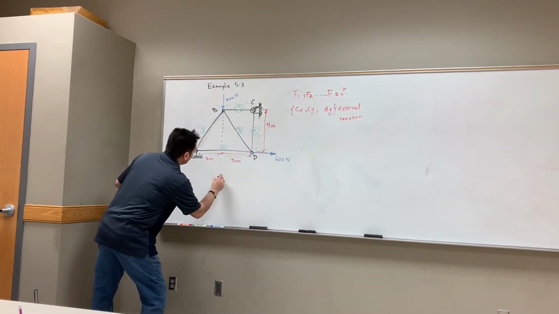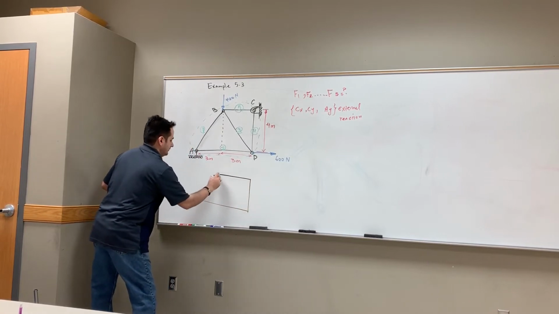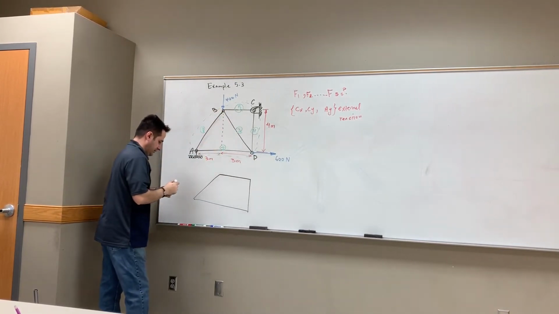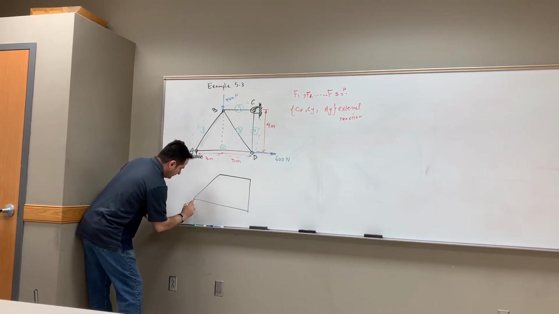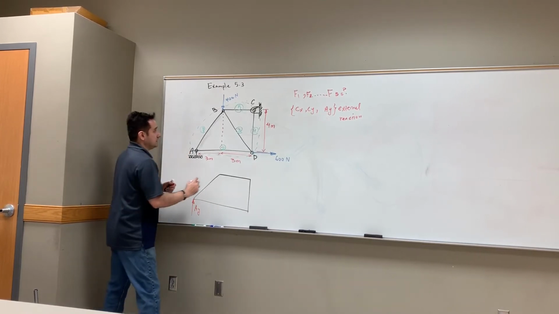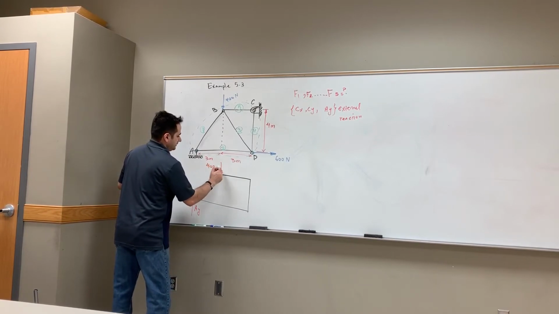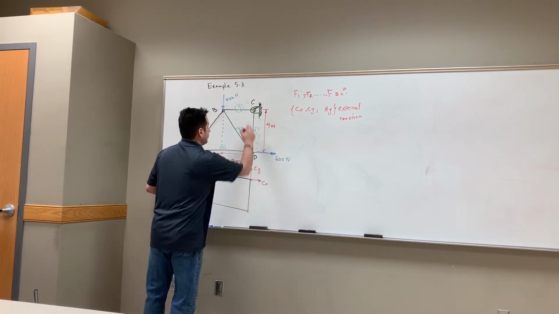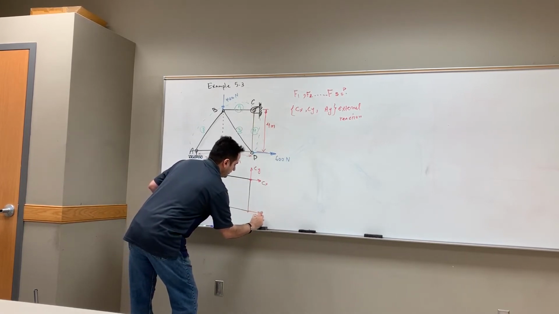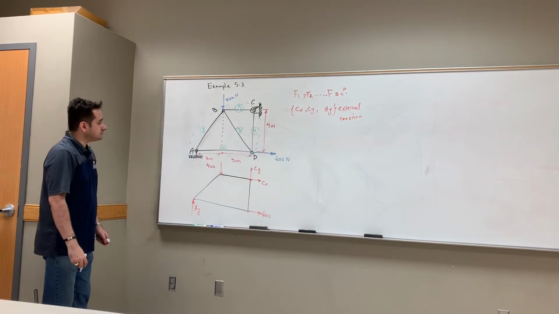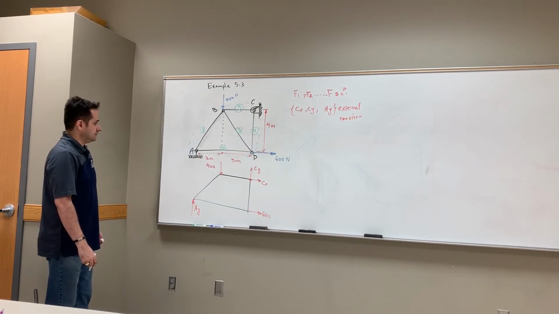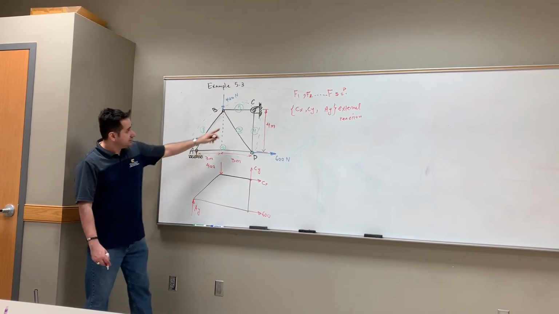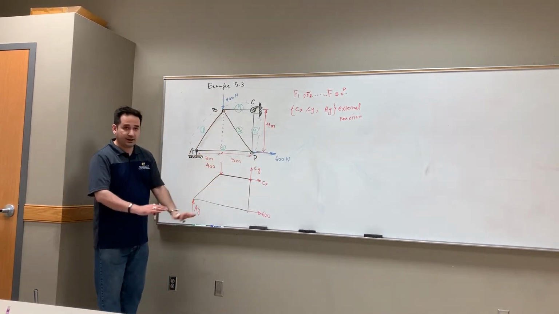Everything inside doesn't matter, so I don't even draw these parts here. So I would have AY here, and then 400 here, CX, CY, no moment here, and then 600 here. That's all. If I take the whole thing as a system, I only have AY, CX, CY, 600, and 400.